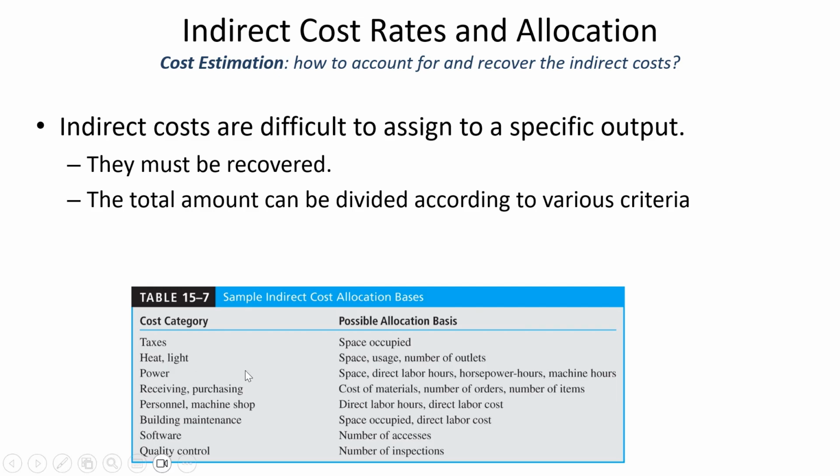And so you'd look at the amount of space that's used by each of those to try and figure out how much you're going to have to add on to the cost of the item, how much you have to pass through to the consumers to recover the cost of taxes.